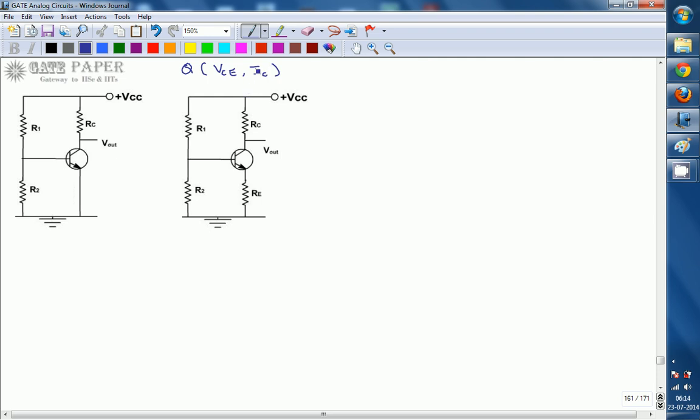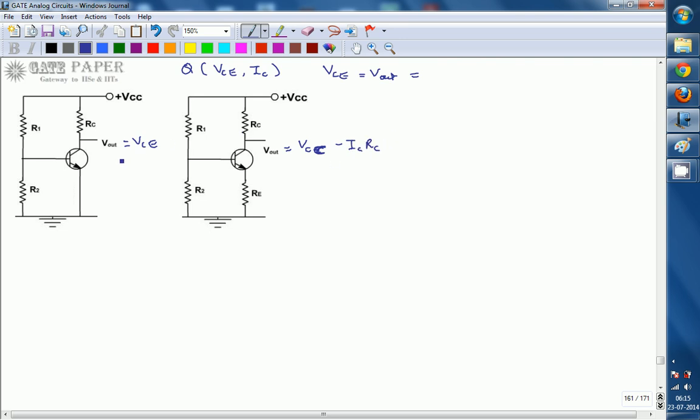If IC changes, VCE changes, because VCE can be written as, in our case VCE is nothing but Vout. Vout is equal to VCC minus ICRC, which is nothing but VCE.